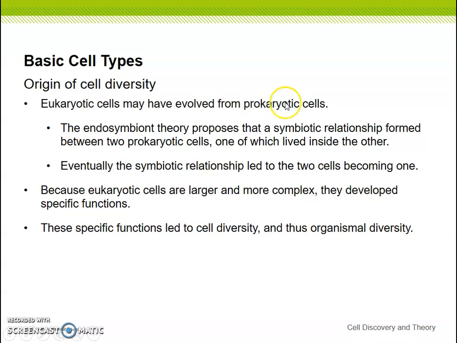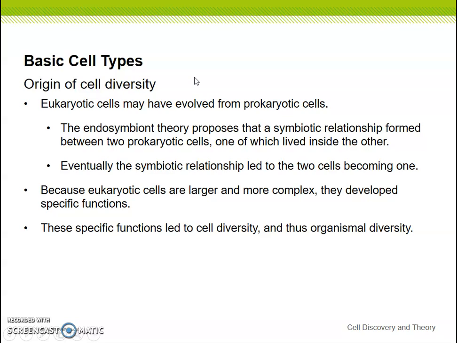So prokaryotic cells are cells that existed before the nucleus developed, so they do not have a nucleus. So prokaryote, pro-kernel, pro-nucleus, before nucleus. The prefix eu means true. Karyote still means kernel or nucleus, so eukaryotic cells have a true nucleus.